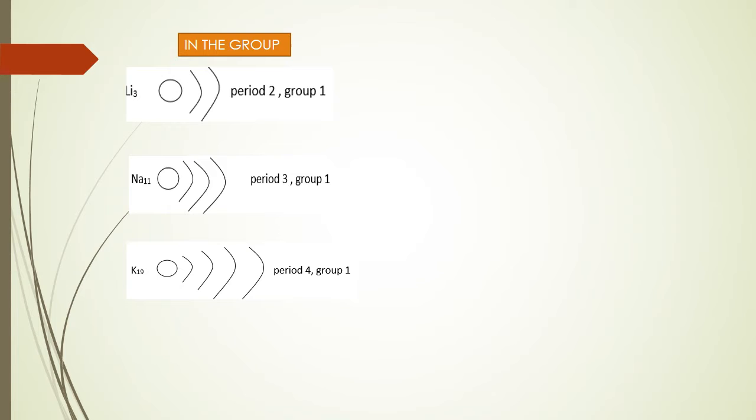But lithium has 2 energy levels, sodium has 3 energy levels, and potassium has 4 energy levels. That means if we move from up to down, the energy level increases, so the atomic size or atomic volume increases. So in the group, as the atomic number increases, the atomic size increases due to increase in the number of energy levels.